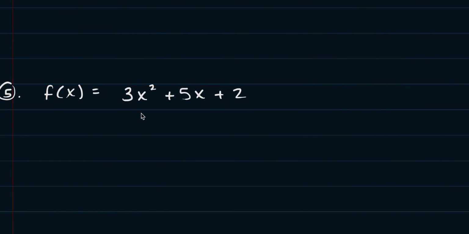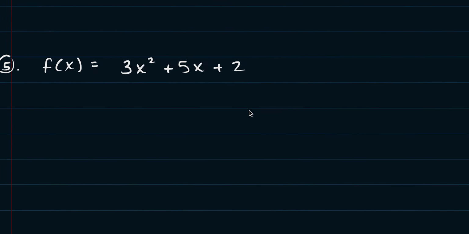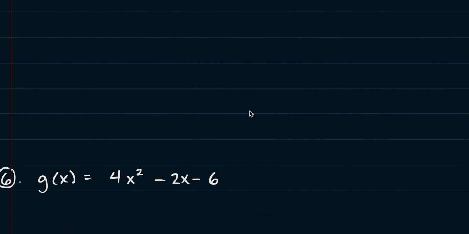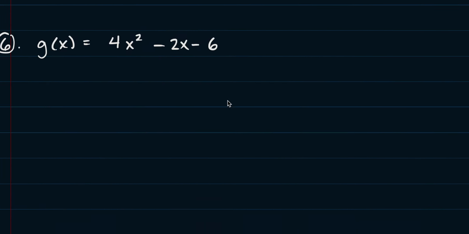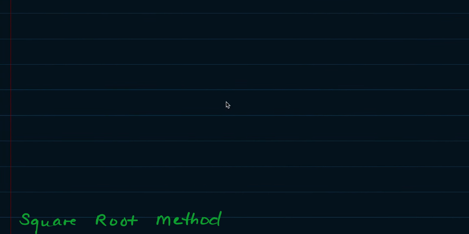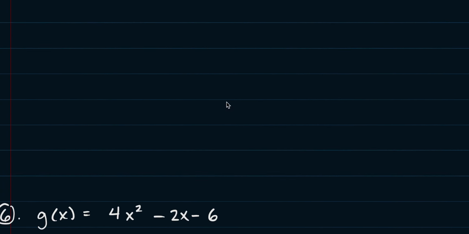Fifth problem is 3x squared plus 5x plus 2. Then I have g of x is 4x squared minus 2x minus 6. I think that's all of them. Yeah, that's all of them. So we have 6 problems to do.